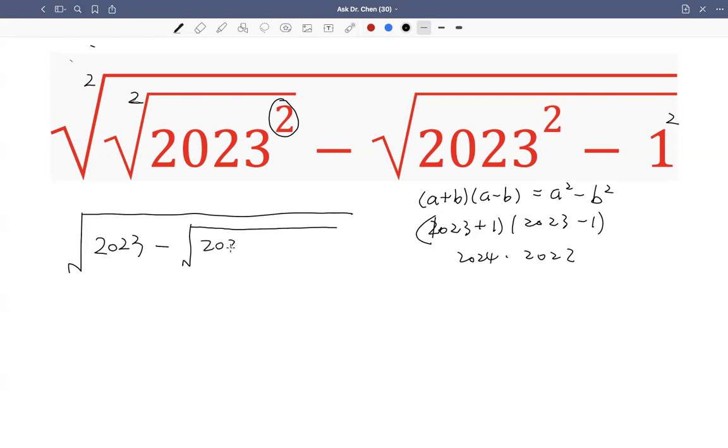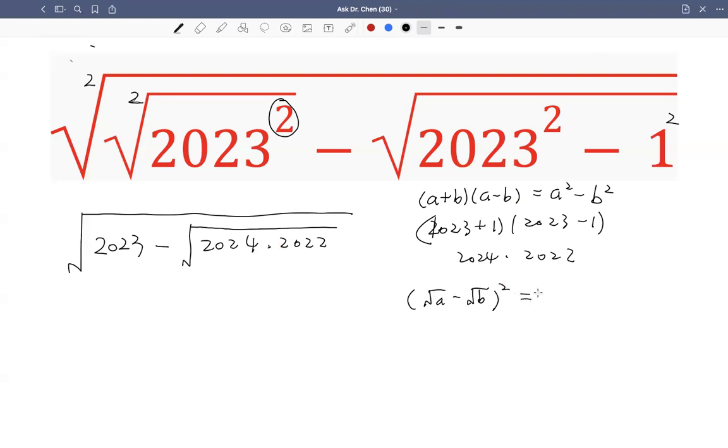So let's write that down here. Now we need to do some analysis. Let's see the relationship here. If we have the square root of a minus the square root of b, squared, we call this a perfect square.